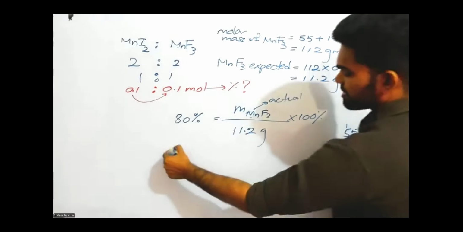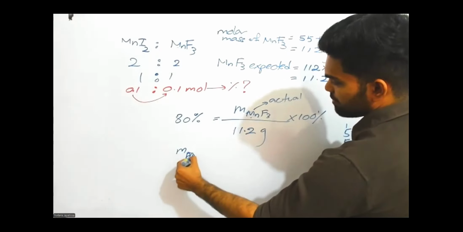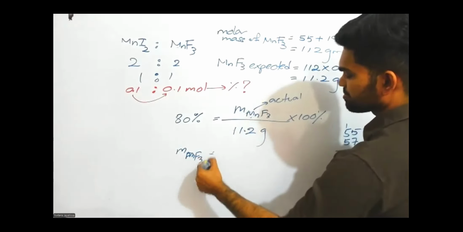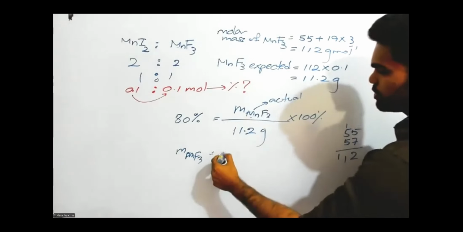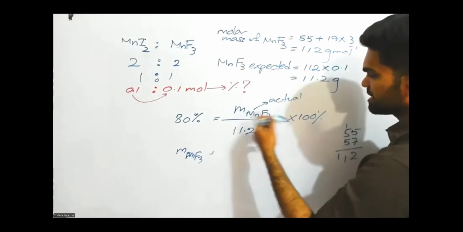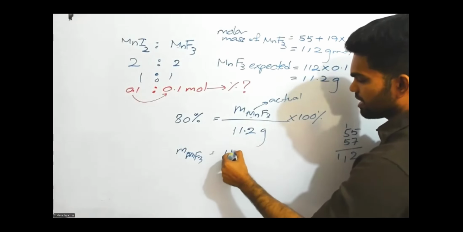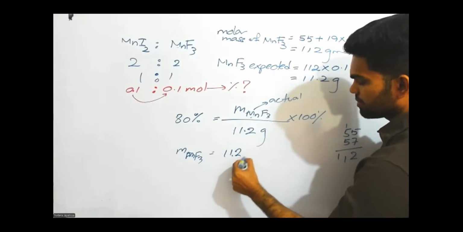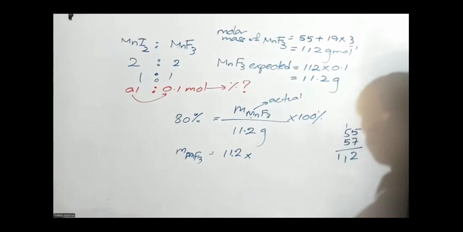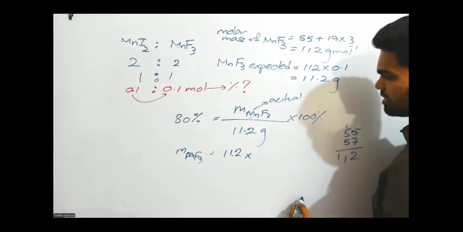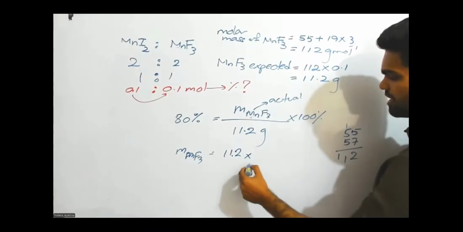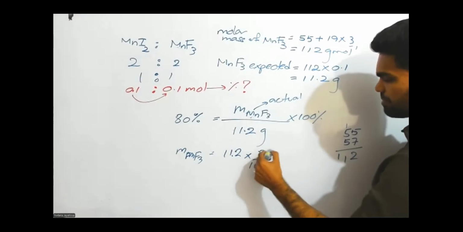Now let's simplify this one. The mass of MnF3 you actually got is equal to, you can remove the percentage sign, 11.2 divided by 100 and multiplied by 80.